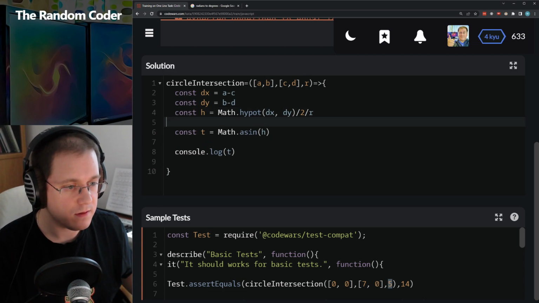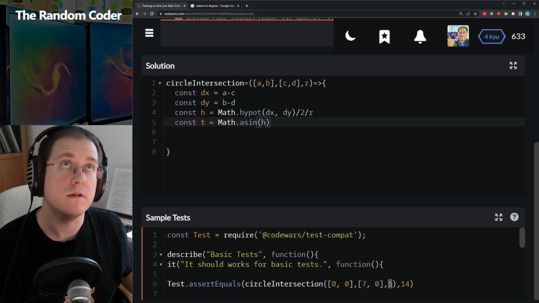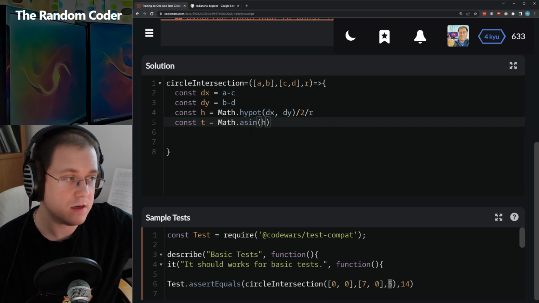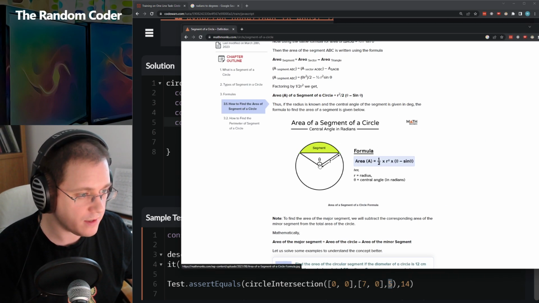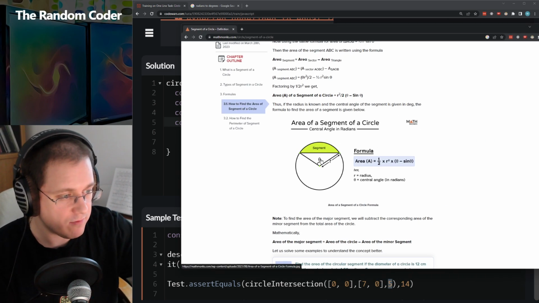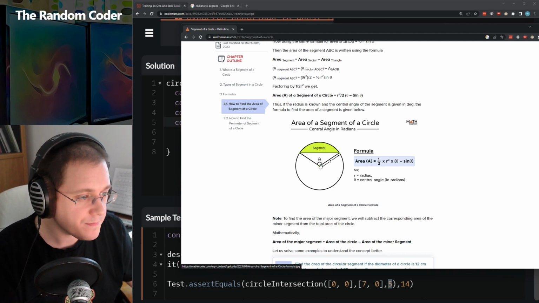I suppose I can just delete the logs. So we now have theta, but we actually want to double it because the internal angle specified by this formula is, if you imagine that rotated 90 degrees, we've actually just calculated half of this.